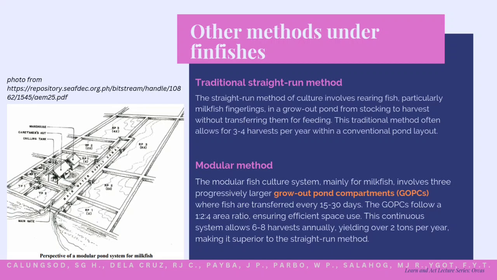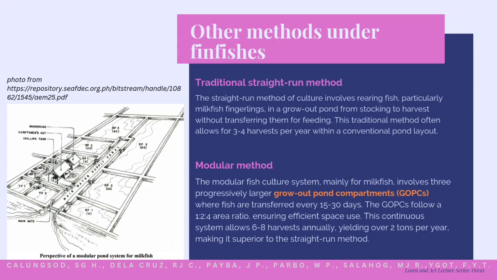The modular fish culture system, mainly for milkfish, involves three progressively larger grow-out pan compartments or GOPCs, where fish are transferred every 15 to 30 days. The GOPCs follow a 1 to 2 to 4 area ratio, ensuring efficient space use.